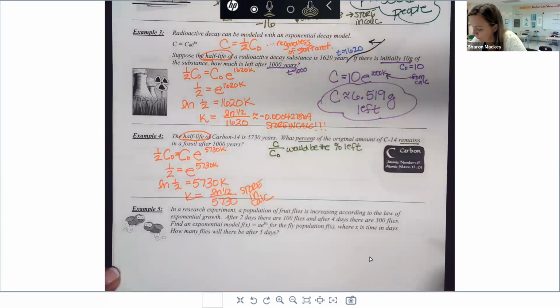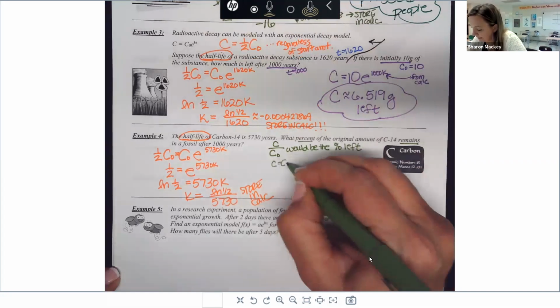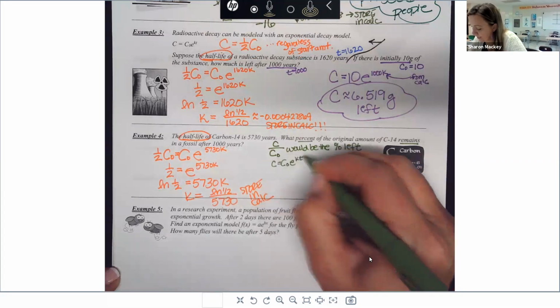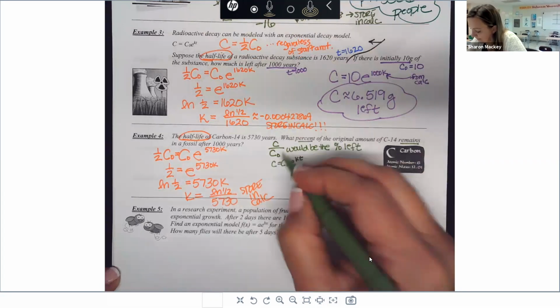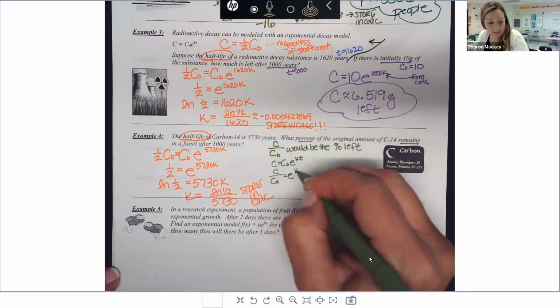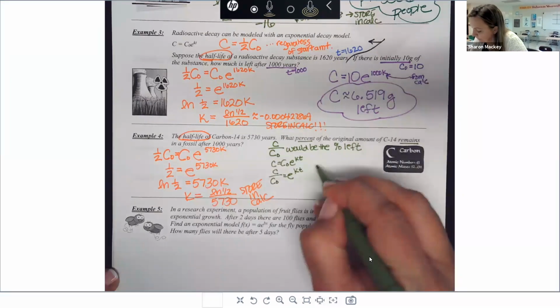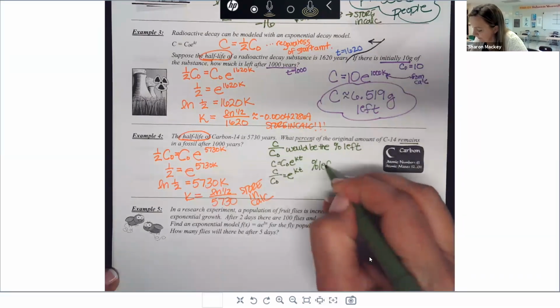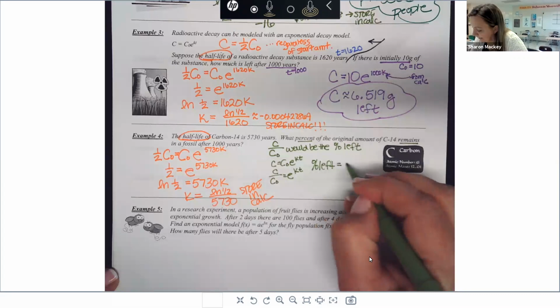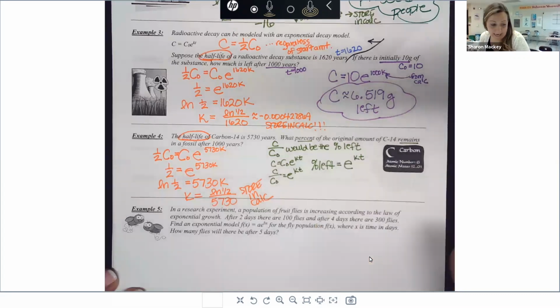If you think about the equation, C equals C sub 0 times E to the KT. Notice if I divide by C sub 0, that gives me E to the KT. So that means the percentage left is really just going to be E to the KT. That's another way for me to express that.